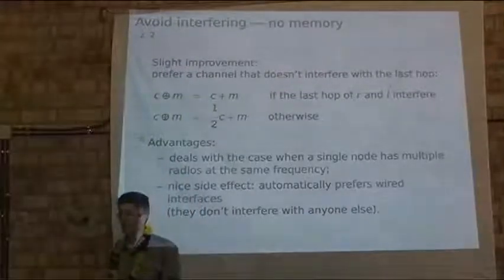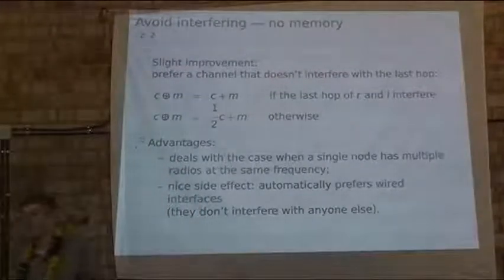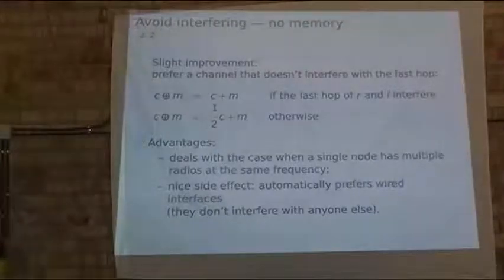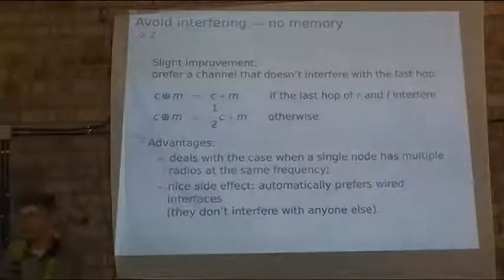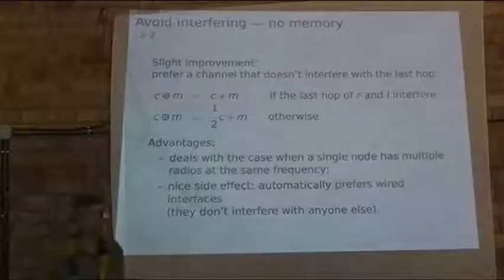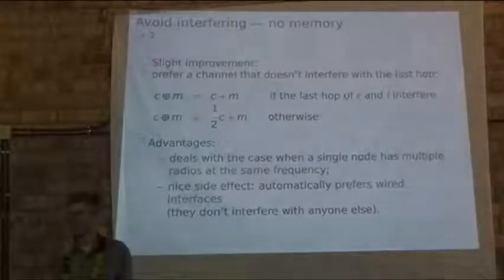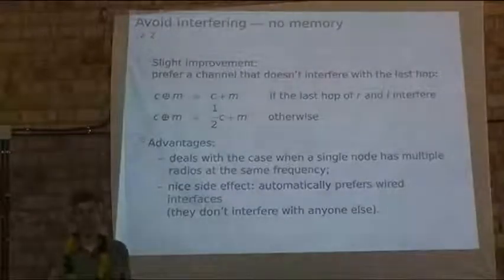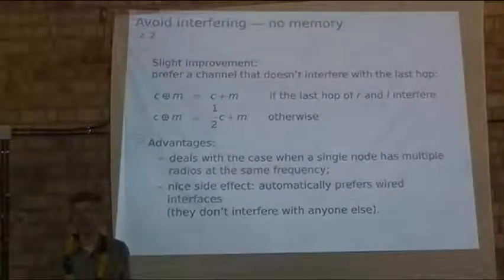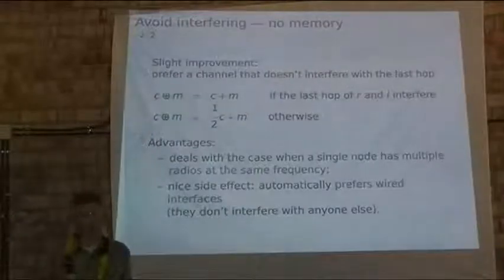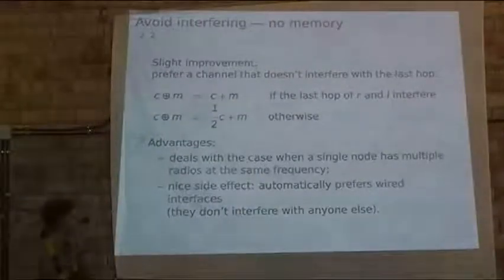So you need the right definition of the interference, and interferes means either they are the same interface, every interface interferes with itself, or else they are distinct interfaces, both are radio interfaces, and they are tuned on the same channel.